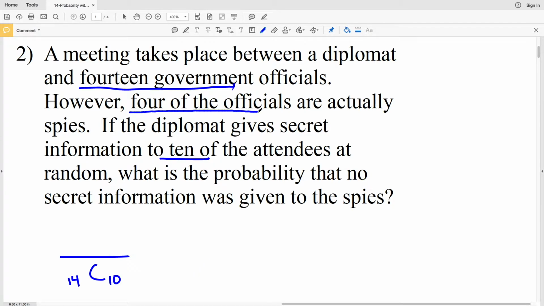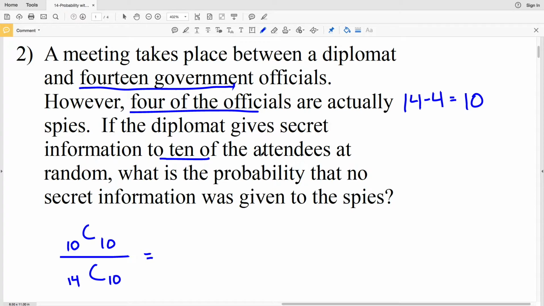However, 4 of those are spies, so we're looking for the probability that no secret information was given to the spies. If we subtract out those 4 spies, 10 people are not spies. So out of those 10 people, we choose all 10 of them, the ones that are not spies.